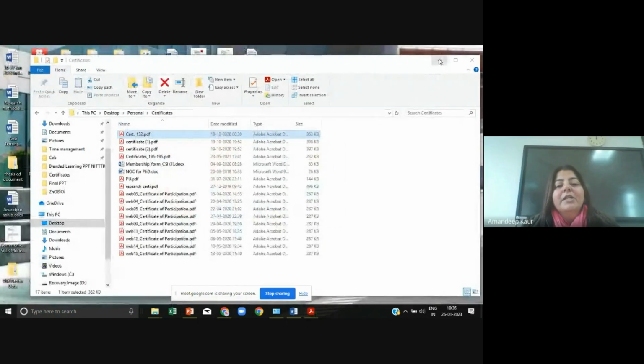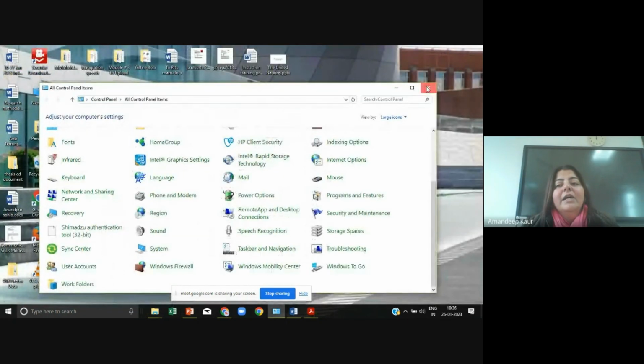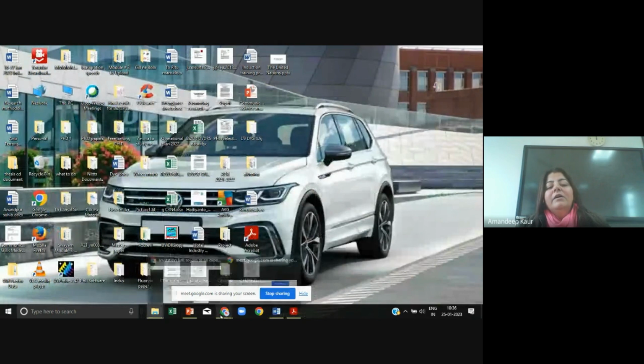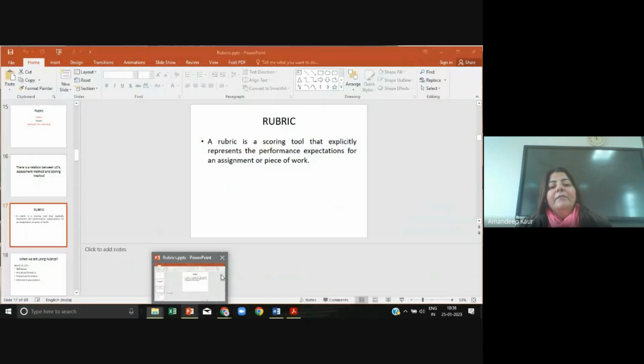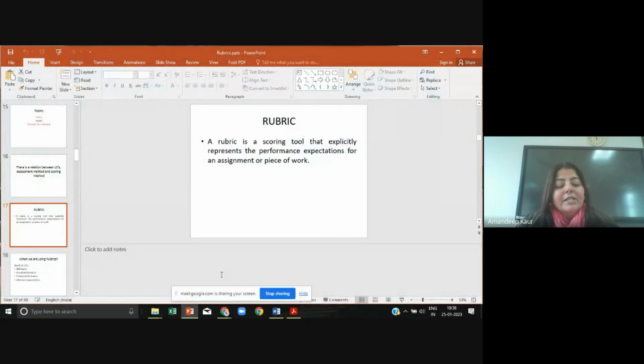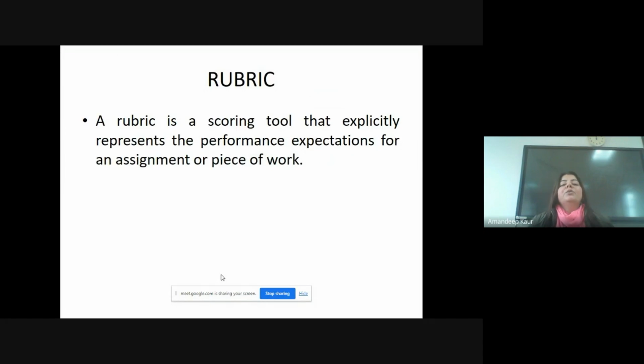So my question is, we are considering rubric as a scoring tool, and while developing this particular assessment tool, we need to consider the performance expectation for the activity that is assigned to the student.